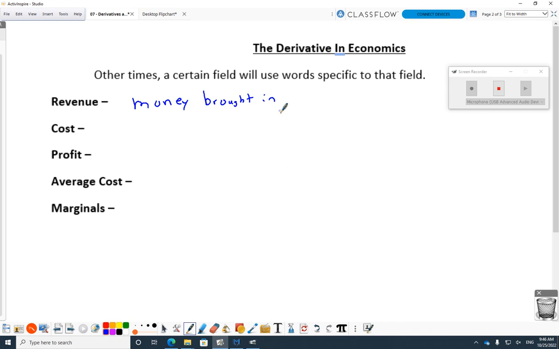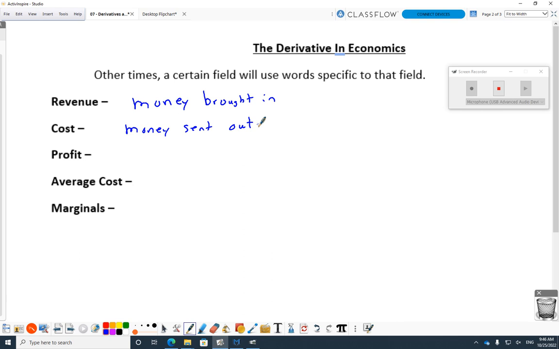Cost is money sent out. And again, for you economics, accounting people, you'll label these costs all sorts of different things. There's fixed costs, there's variable costs, there's operating costs. There's lots of different costs out there, and we won't get too carried away with all those things. We'll just do a little math to get you ready for those fields.